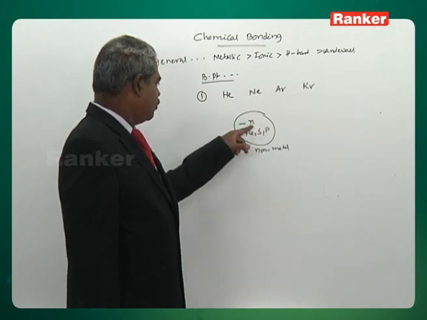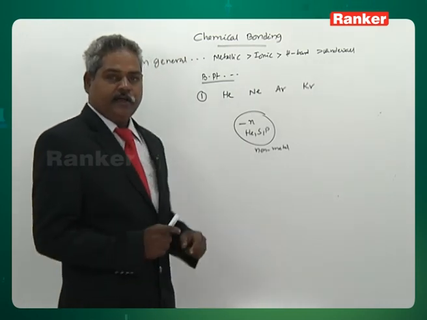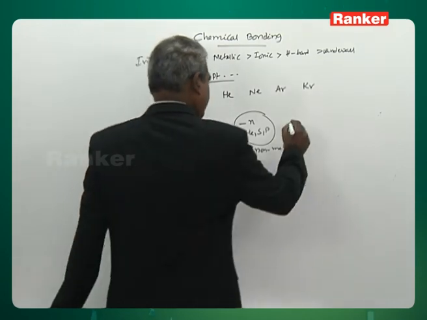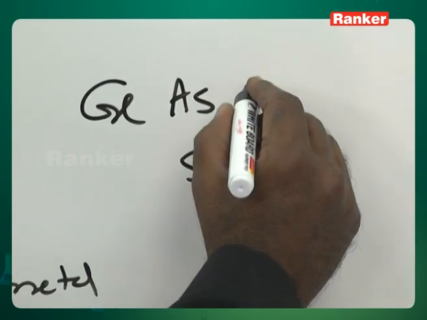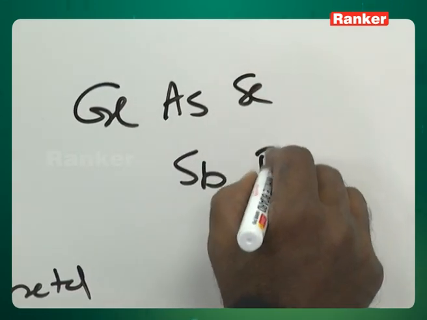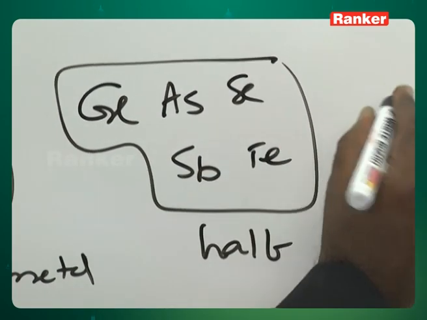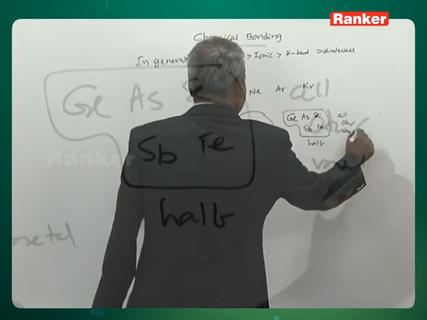Nitrogen, phosphorus, boron, carbon, silicon. All names ending in N, helium, sulfur, phosphorus are non-metals. Germanium, arsenic, antimony, selenium, tellurium. These are half metals and all others are metals. Just remember this.